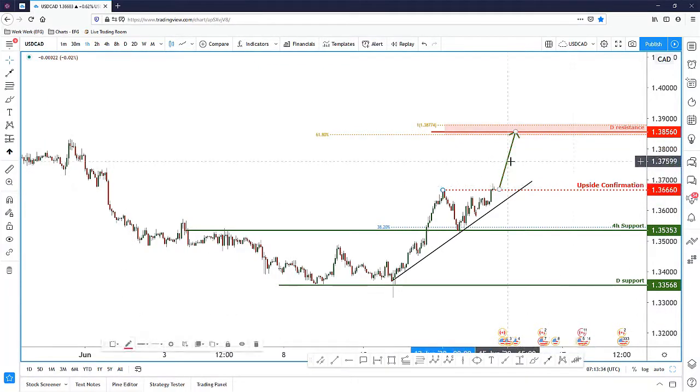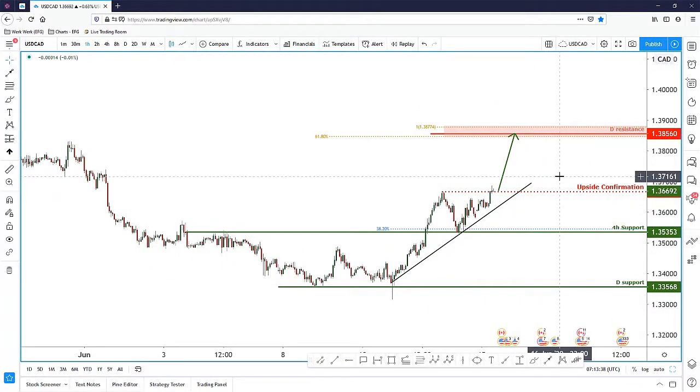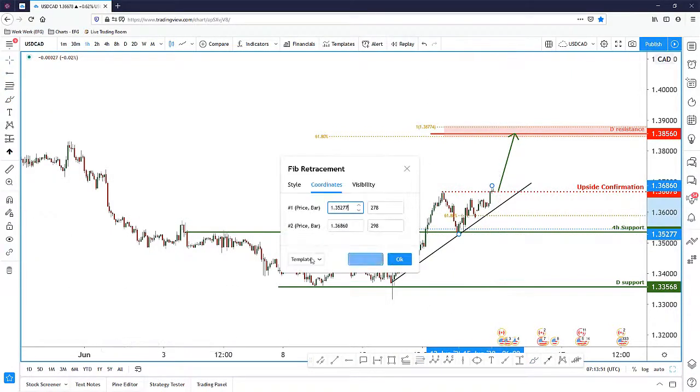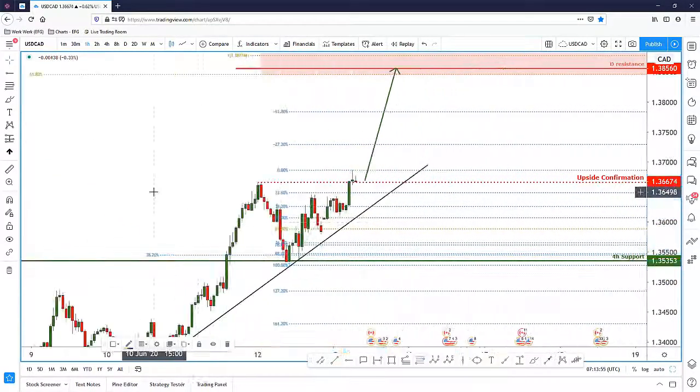Now people will ask me where my stop loss will be. Of course, there's a movement up here. We can take a retracement of this whole move, from the low to the high, and open all Fibonacci ratios. Let me zoom into this area.